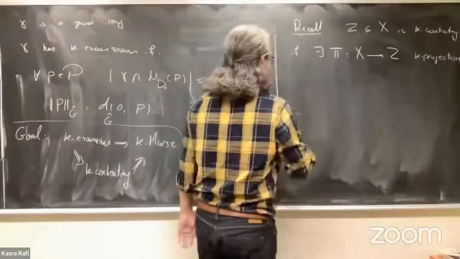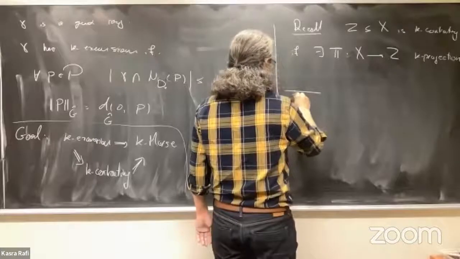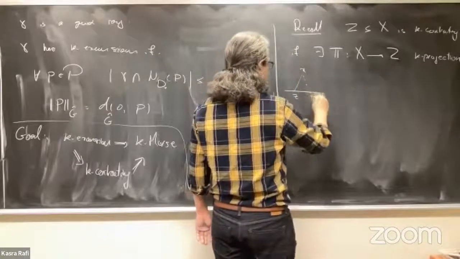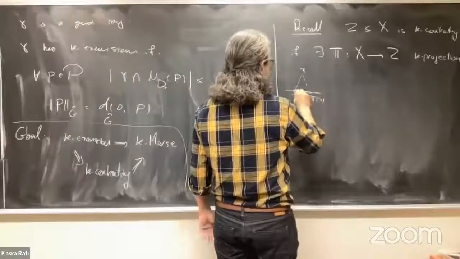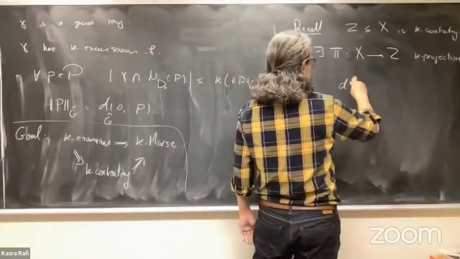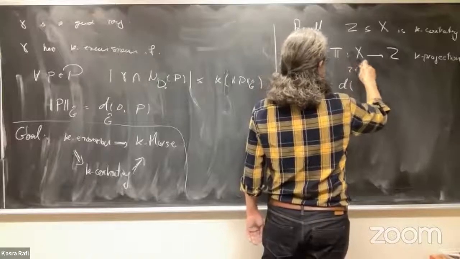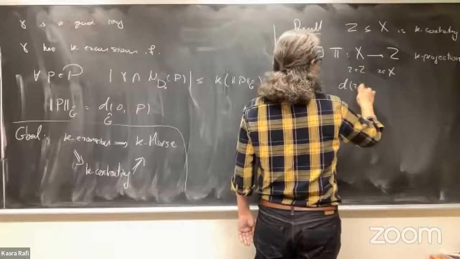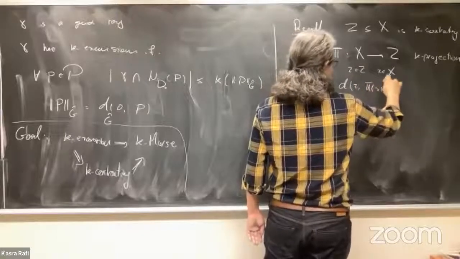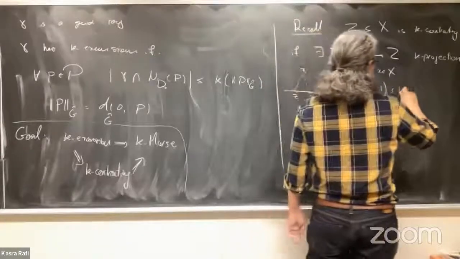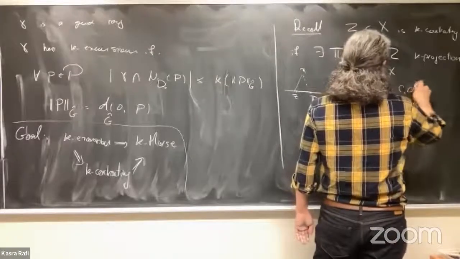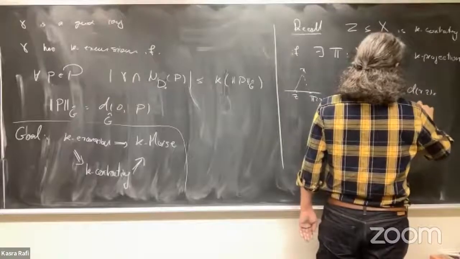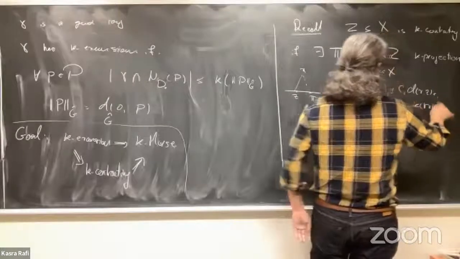What does kappa projection mean? It means this picture. If I pick a point z in Z and a point x in X, and look at the projection of x, I want the distance between z and the projection of x to be bounded by some number C1 times the distance between x and z, plus C2 times kappa of the norm of x.